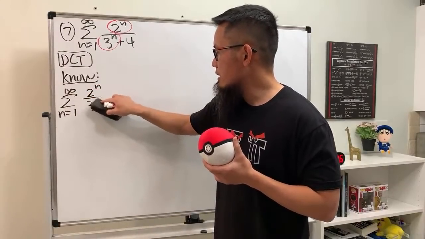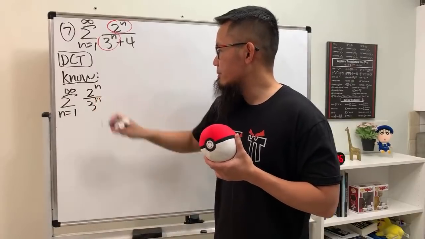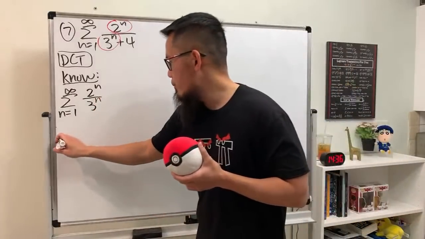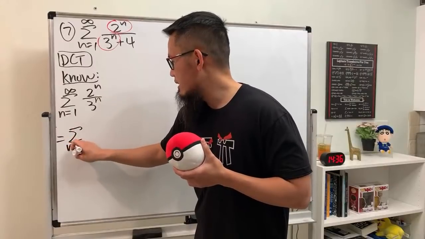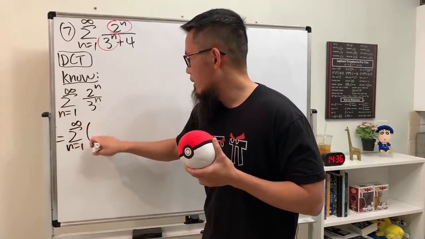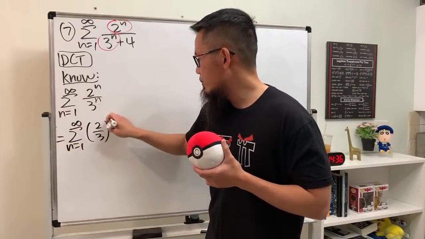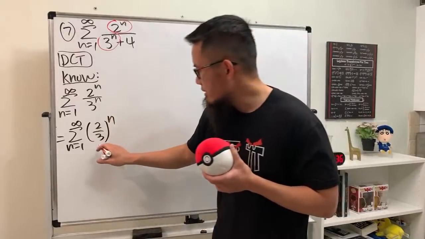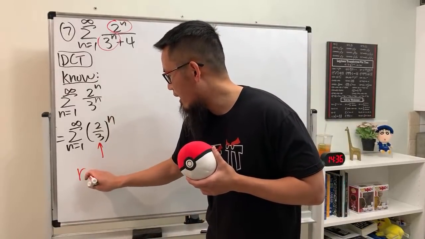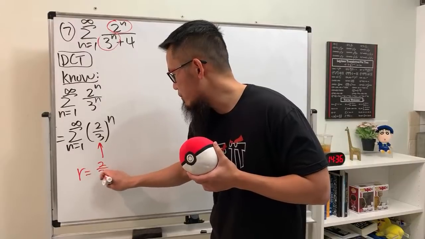But notice this is not a p-series anymore. Don't worry though, this is still nice. This is the sum from 1 to infinity of 2 over 3 to the n. Thus, we can say that here is the r, which is 2 over 3.